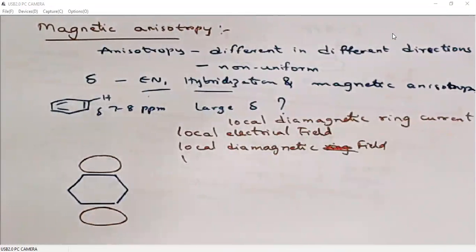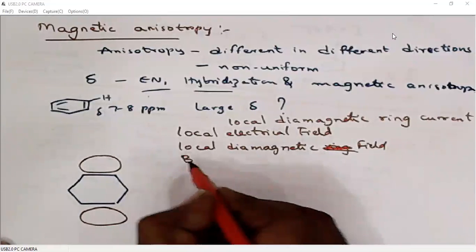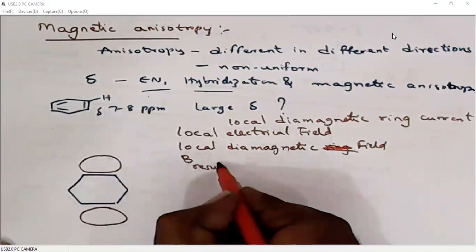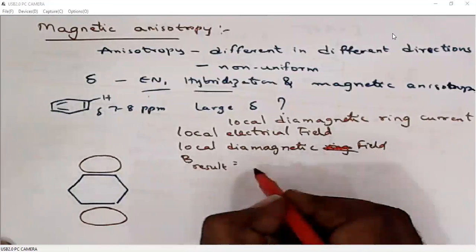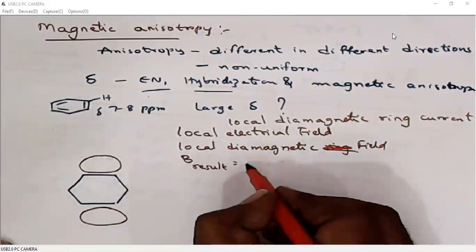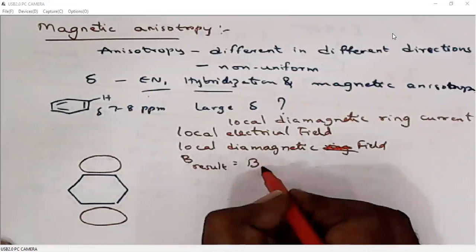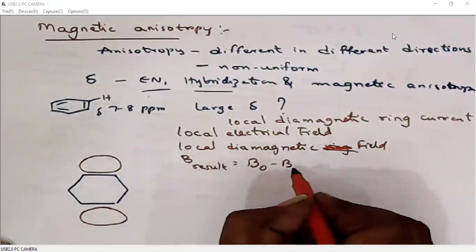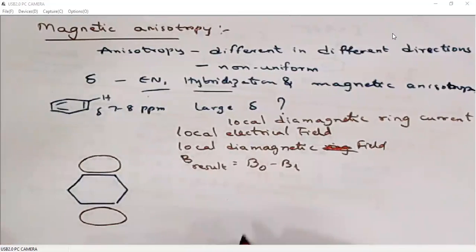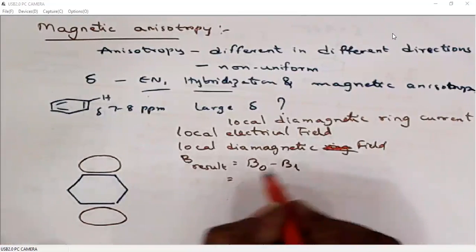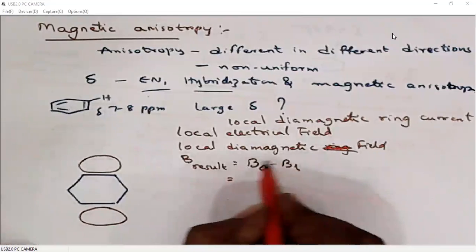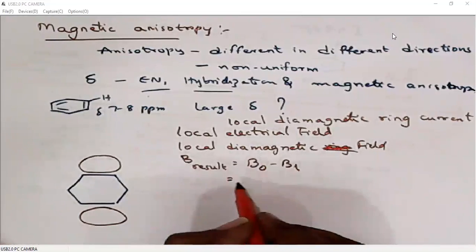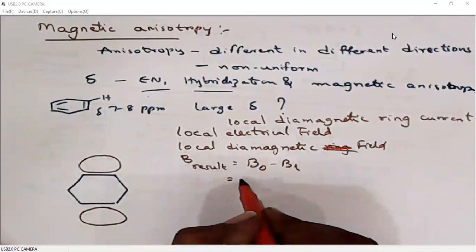Now what will it do? As we know, the local diamagnetic field will screen, that is, protect the protons from the applied magnetic field. As a result, B applied minus B local, because of the large local diamagnetic field, the resultant will be very less.